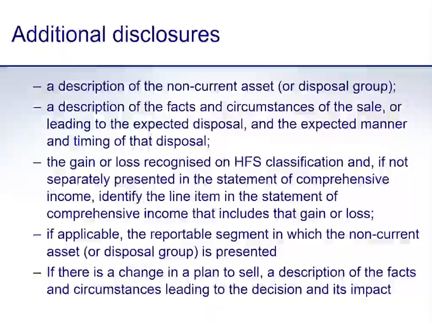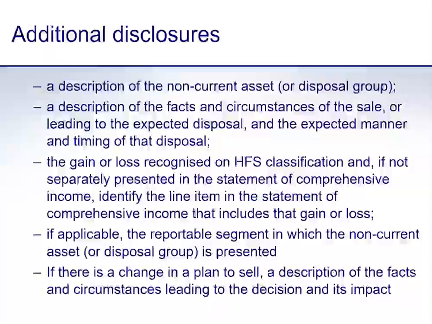If I have not disclosed it, then I would need to explain which line item in my statement of comprehensive income includes that gain or loss that arose on classification. If I apply segment reporting, again, I need to explain which segment or segments the non-current assets held for sale or the disposal group belong in.